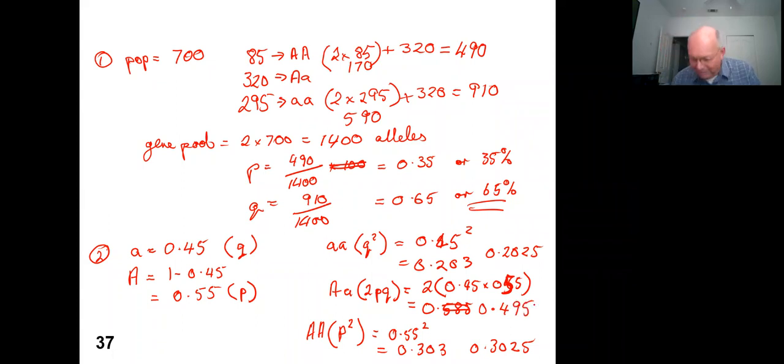So if we use that, we should be a little bit closer. Yeah, these three numbers do in fact add up to 1. So double checking the calculation, we're correct. Sorry about that.